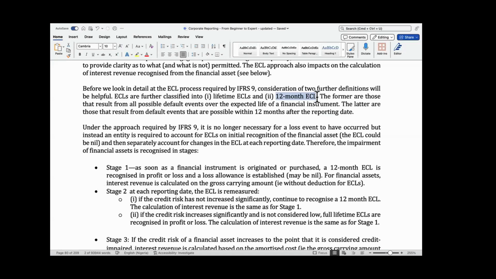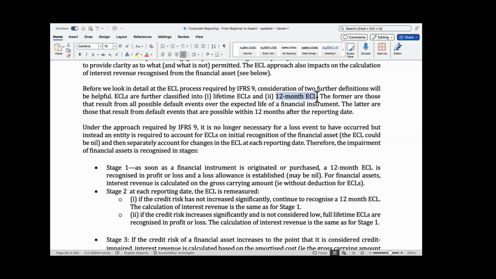Okay, having established this, that impairment is either 12-month ECL or lifetime ECL, how do we then deal with this? Now, when you want to recognize impairment loss, there are 3 stages involved.